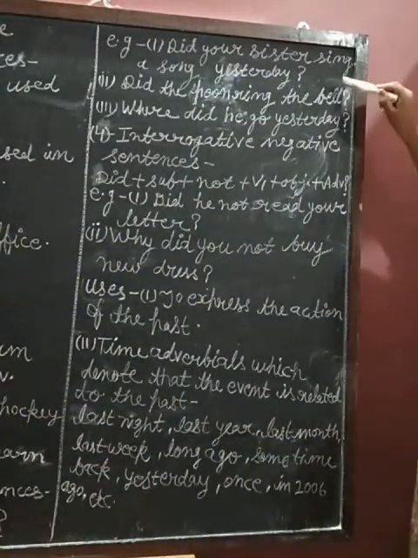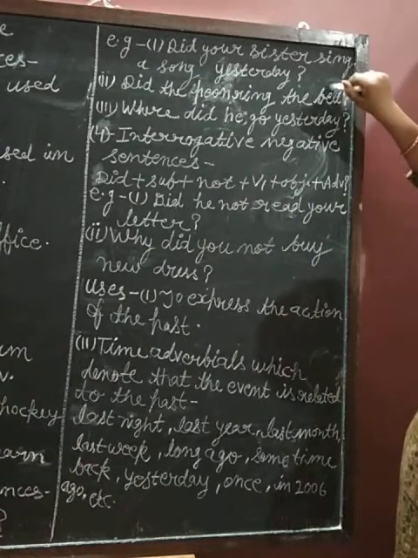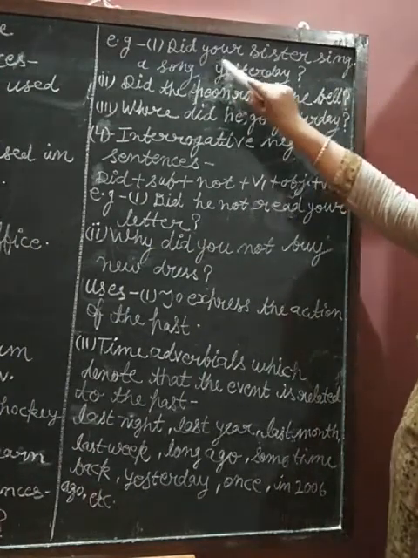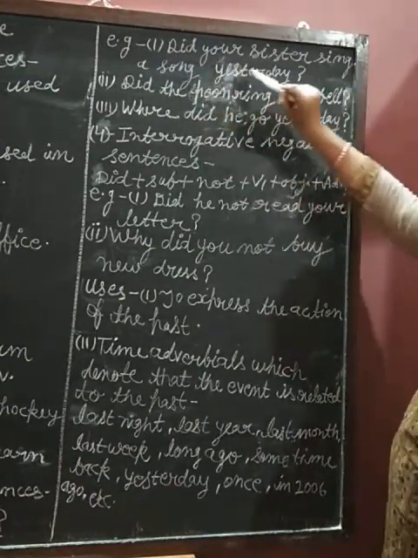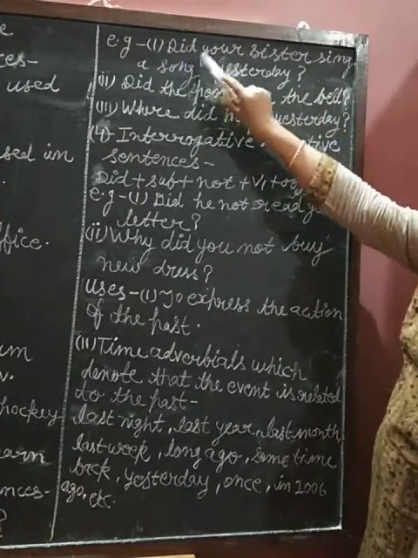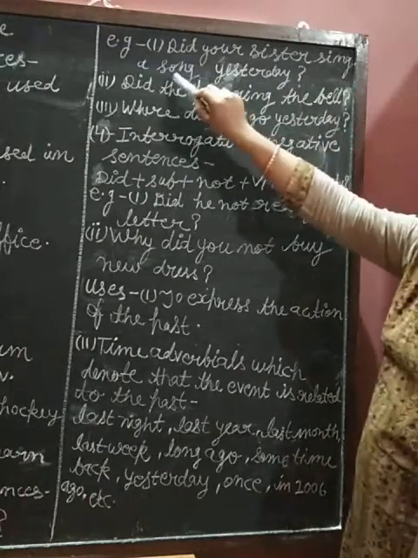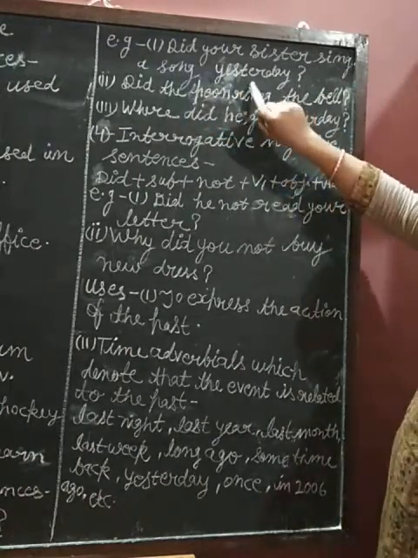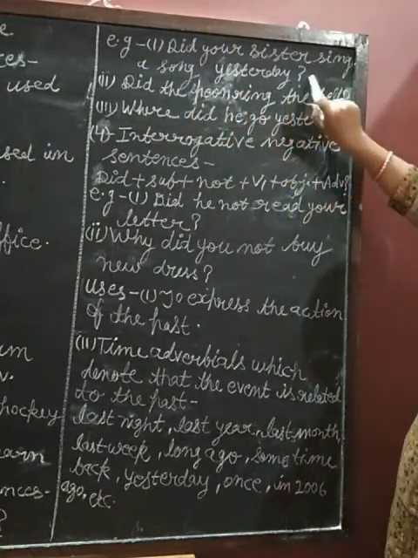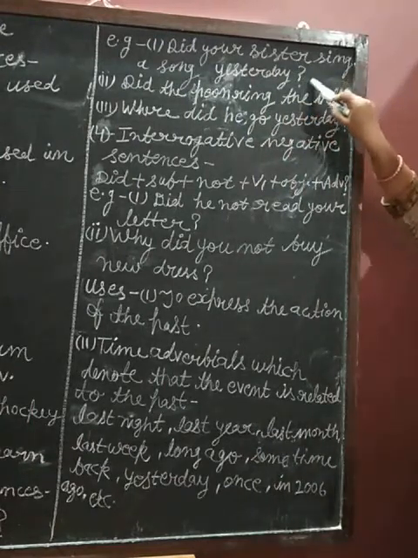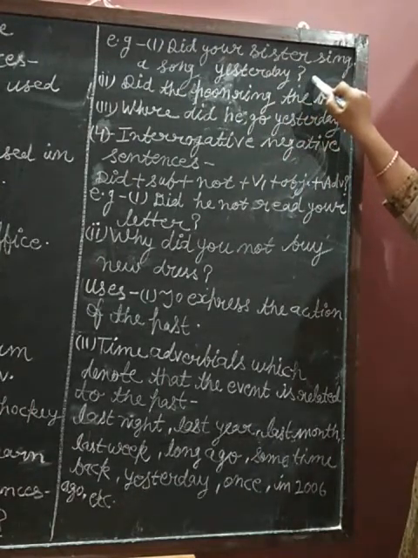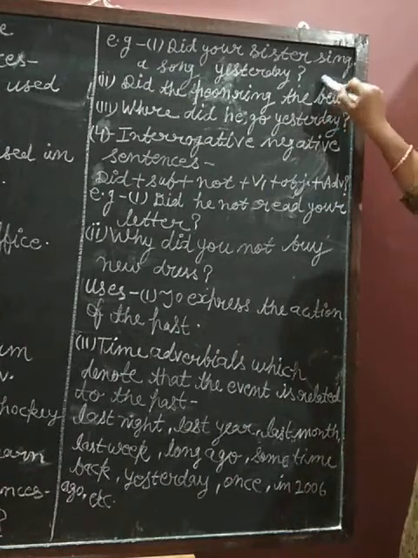Students, look at examples of interrogative sentences. Did your sister sing a song yesterday? Did is a helping verb, your sister is a subject, sing is the verb's first form, a song is an object, yesterday is a time adverbial. It ends with an interrogative sign. Students, in interrogative sentences, the interrogative sign is a must.